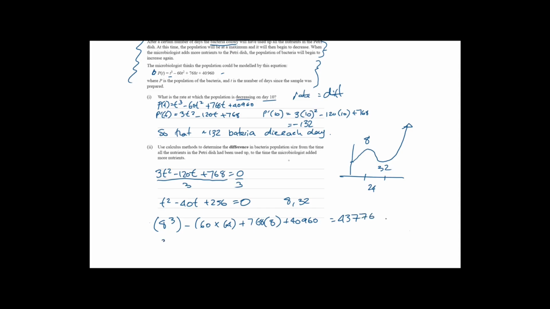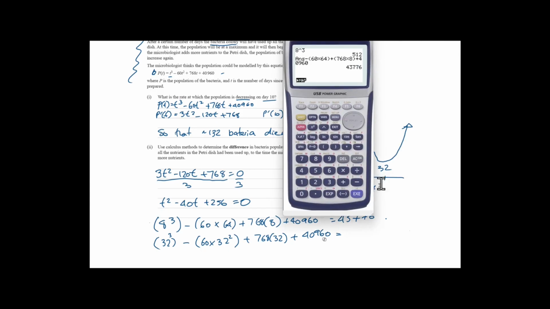Okay, and then on day 32, so it's going to be 32 cubed. Oh, it's going to be a huge number. Minus 60 times 32 squared plus 768 times 32 plus 40,960. Okay. Calculate for that. 32 cubed is some horrendous number.